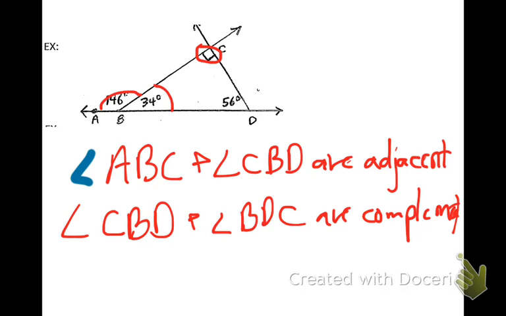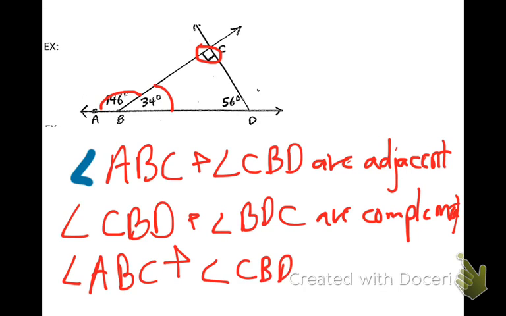Yes. 146 plus 34 equals 180. So angle ABC and angle CBD are supplementary. Any questions? Okay.